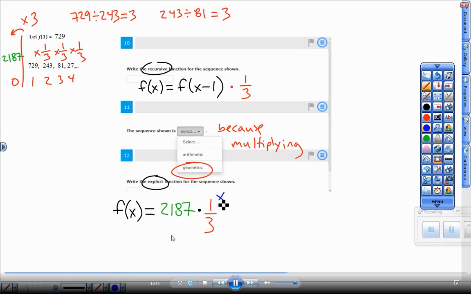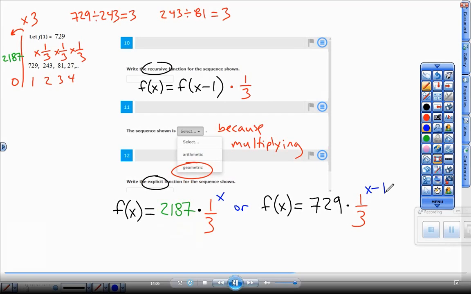If I want to use the first term, that would be f of x equals the first term, 729, times the common ratio number, 1/3, raised to the x minus 1 power. Focus on one of these.